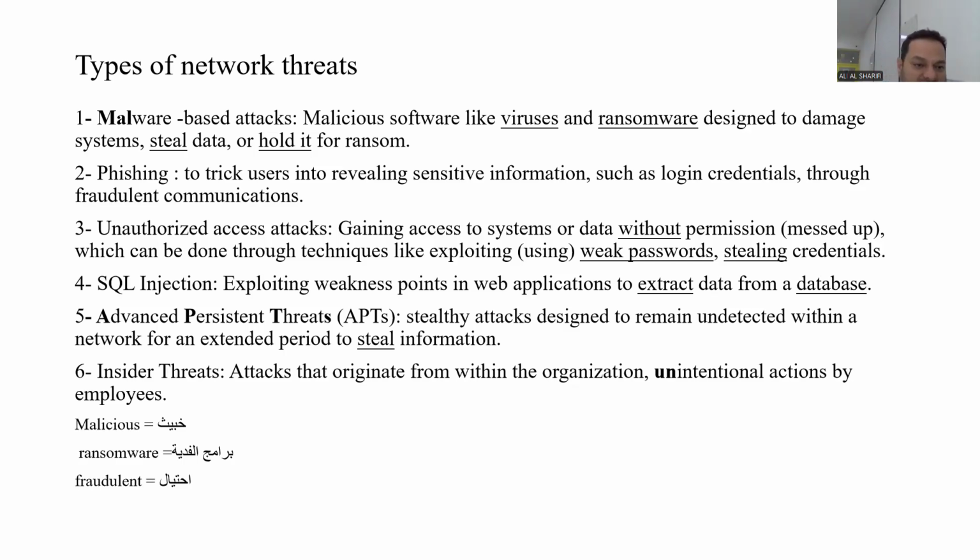Here, the last, or the fifth point, I think it's a very important one: advanced persistent threats, APT.